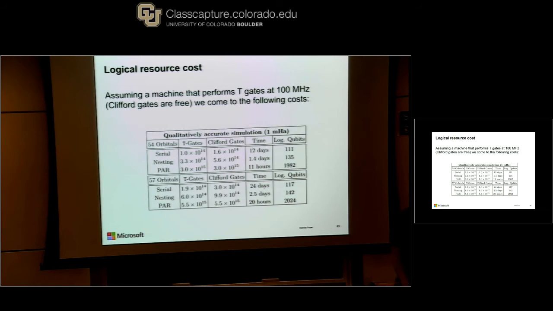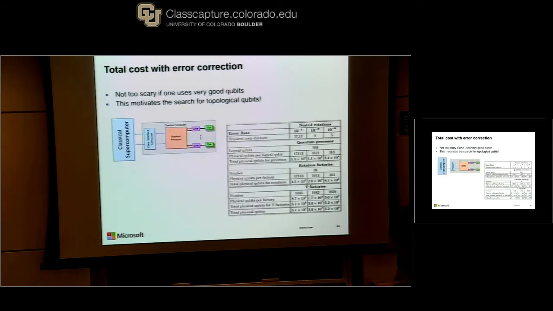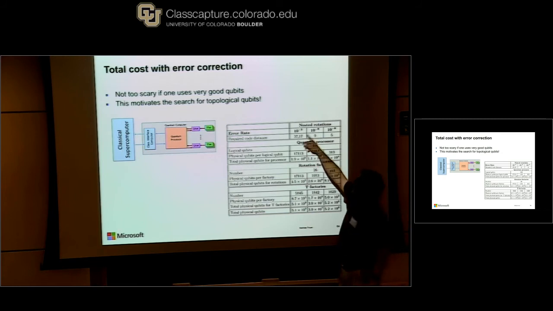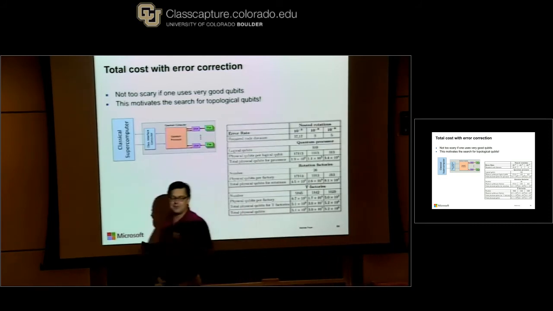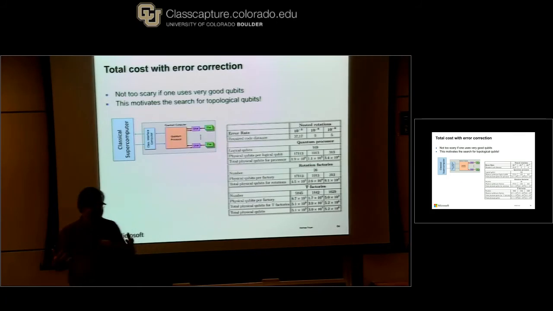And next, we estimated the cost, including error correction. And here we assume 3 different qubit qualities: 3/9, 6/9, and 9/9 fidelities. Let's look at 3/9, which is what one might be able to achieve with transmon qubits, if one is lucky.